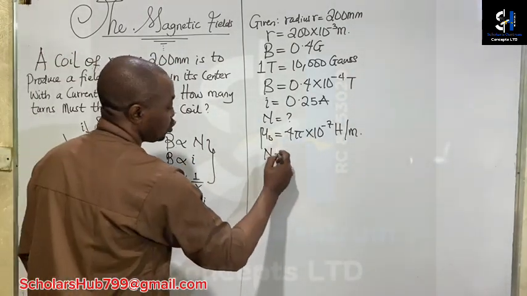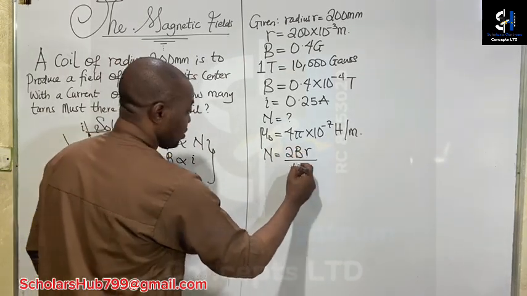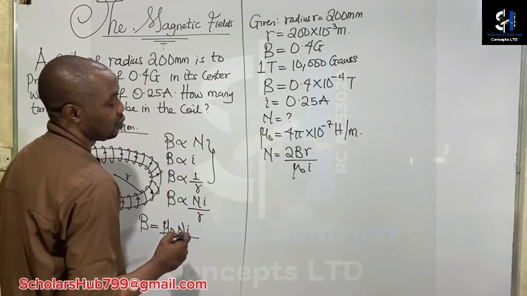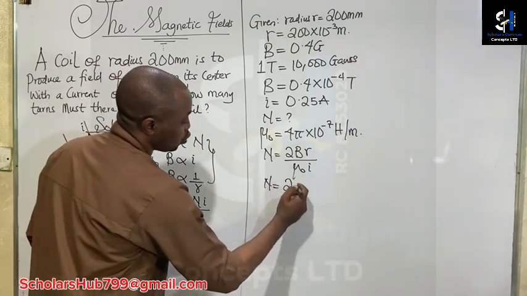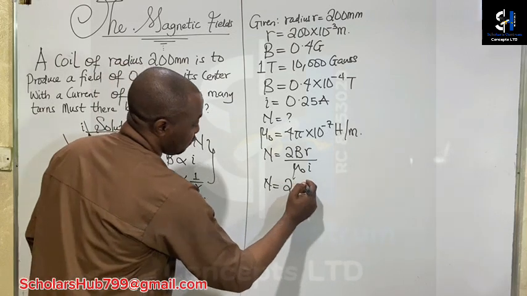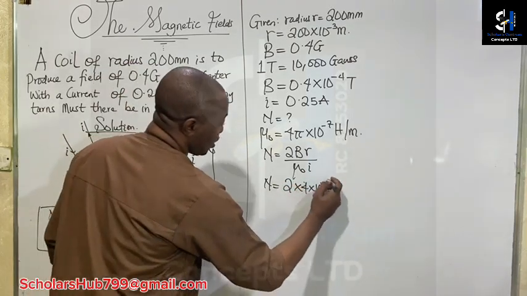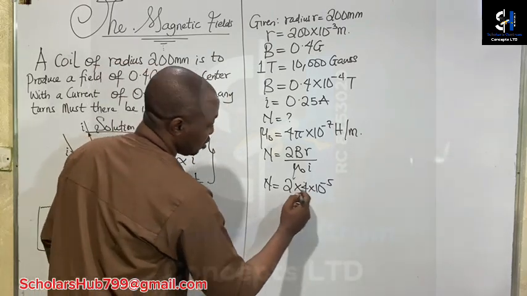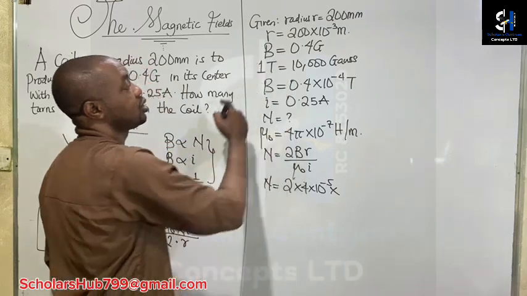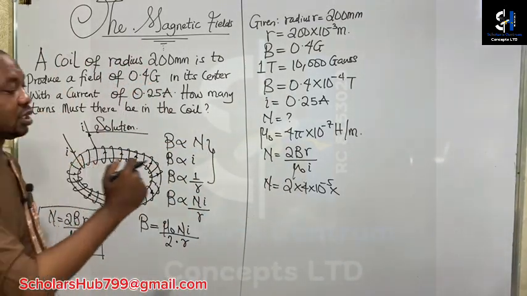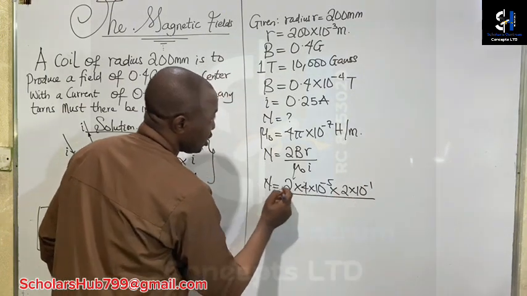So N equals 2BR over permeability of free space multiplied by I. We have N equals 2 multiplied by 4 times 10 raised to the power of -5, multiplied by the radius. When we multiply 200 by 10 raised to the power of -3, that is 0.2, the same as 2 times 10 raised to the power of -1.